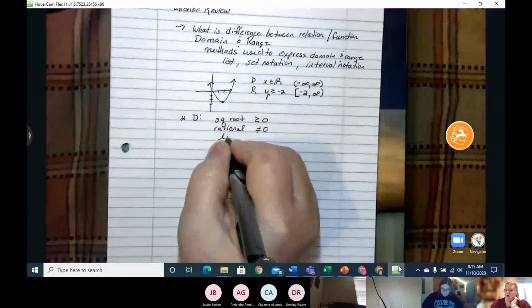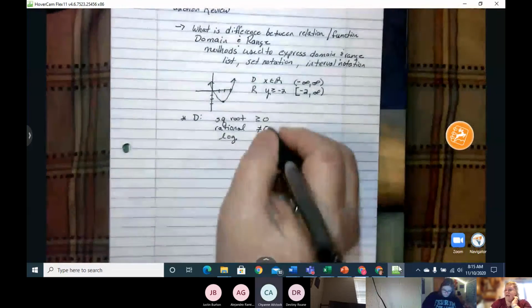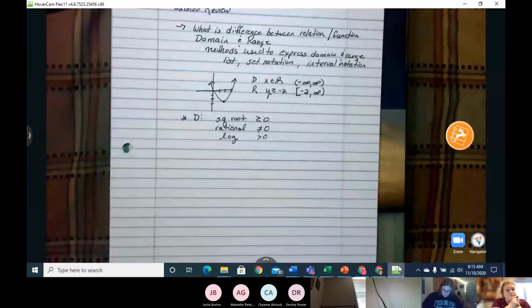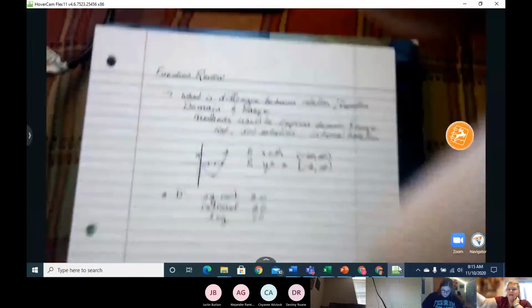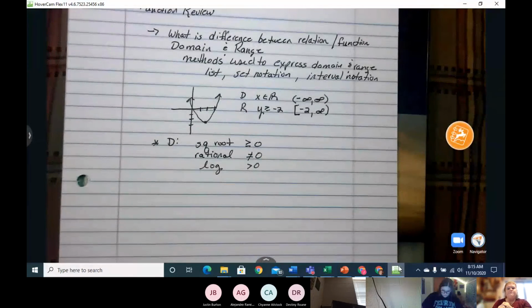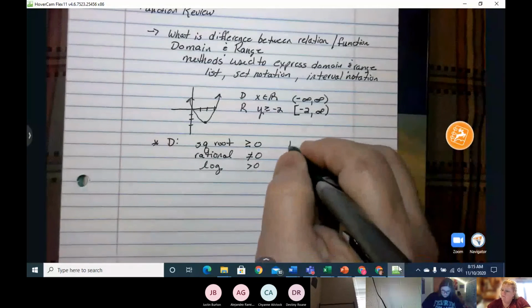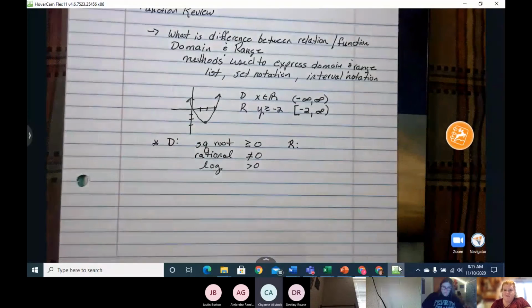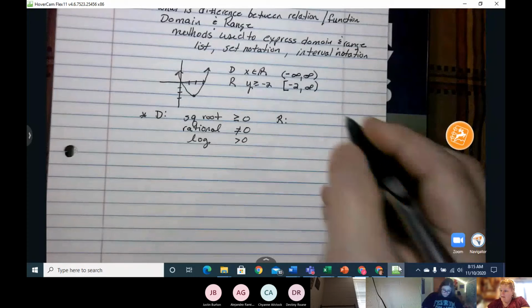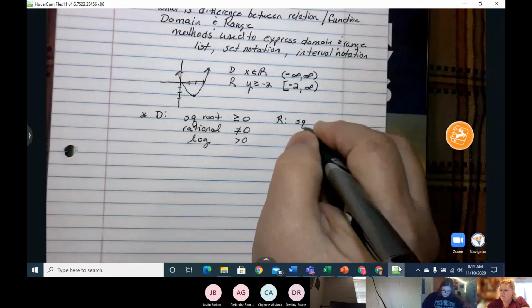If you had a logarithmic function, it has to be greater than 0, so that would be a restriction that we would need to account for in looking at domain. If we were looking at ranges, some things that we would need to be concerned about would be, again, with the square root functions.